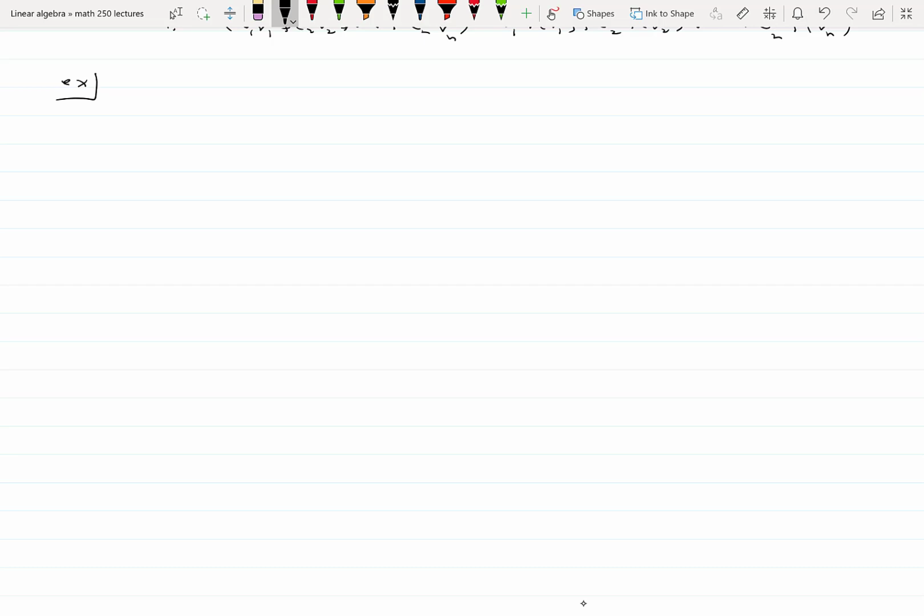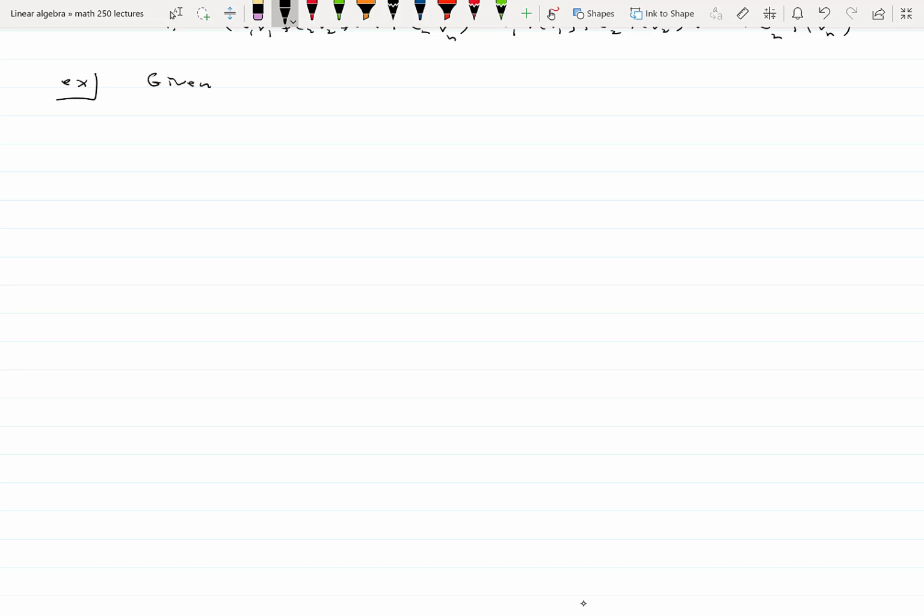We're working with a linear transformation from R3 to R2, and we're given a particular basis for R3.